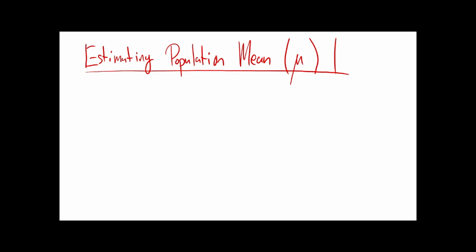All right? So how do we do that? Well, again, we're going to have to go sample, right? And then from that sample, we would calculate what? What number would we calculate from our sample if we're interested in population mean?